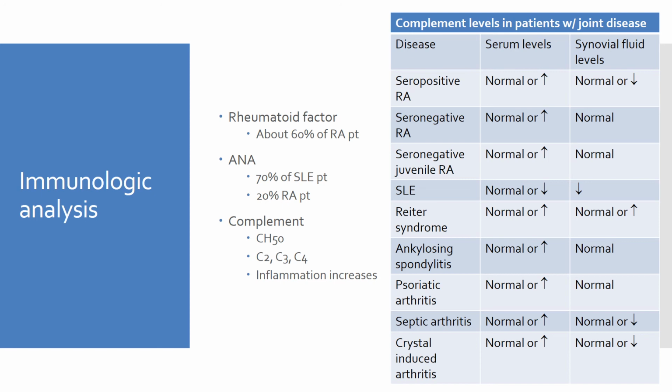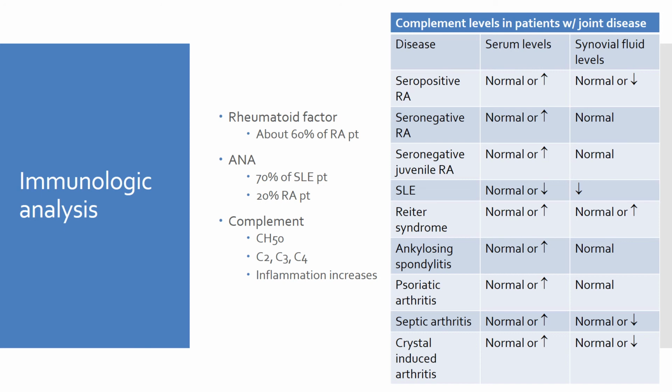Today we actually do individual components. The three key ones that we measure are C2, C3, and C4. We have machinery on the automated instruments, and it can be measured through nephelometric methods, turbidimetric methods, or immunoturbidimetric methods. It depends on the instrument that you have.